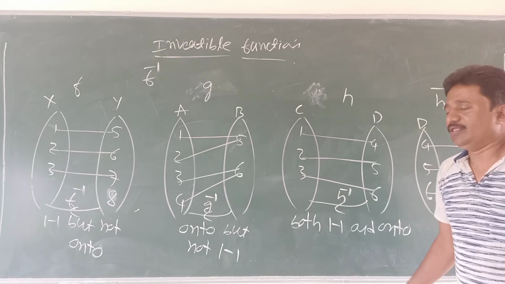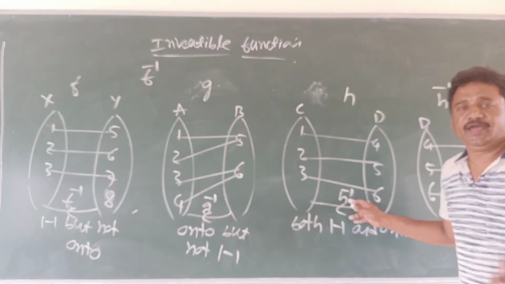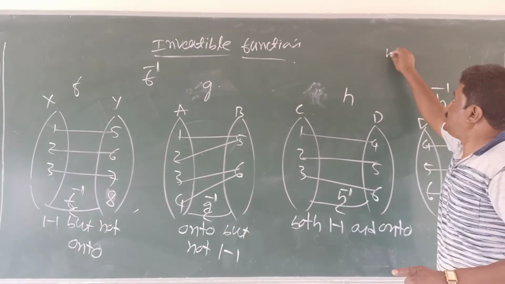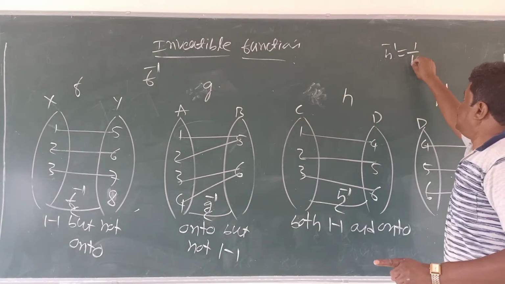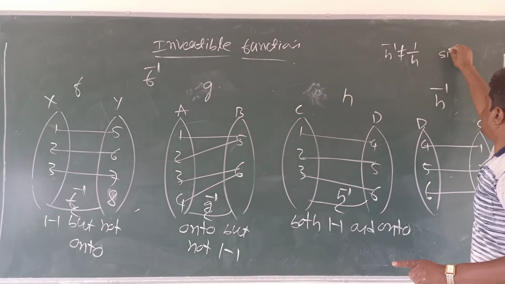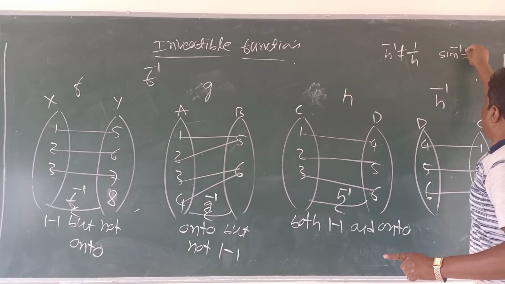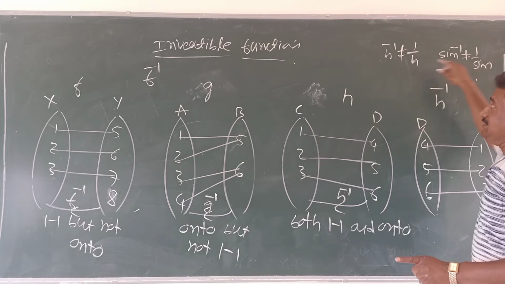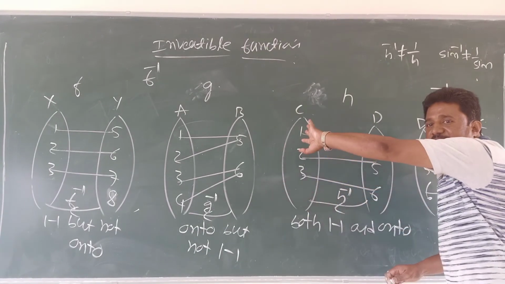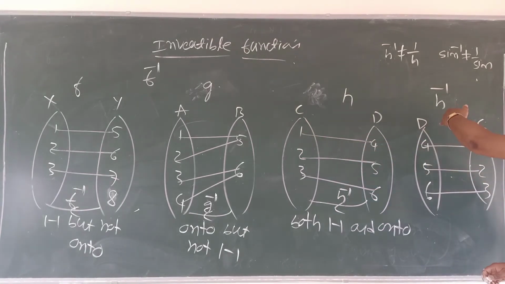Carefully observe: H inverse doesn't mean 1 by H. Sin inverse doesn't mean 1 by sin. H inverse means it is a function from B to A, from codomain to domain.